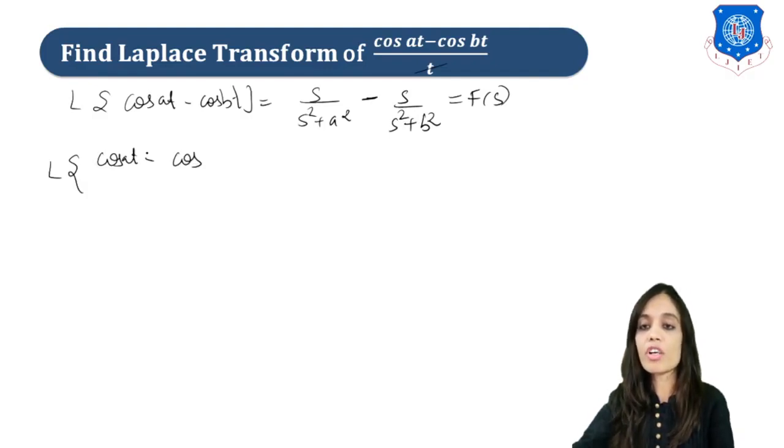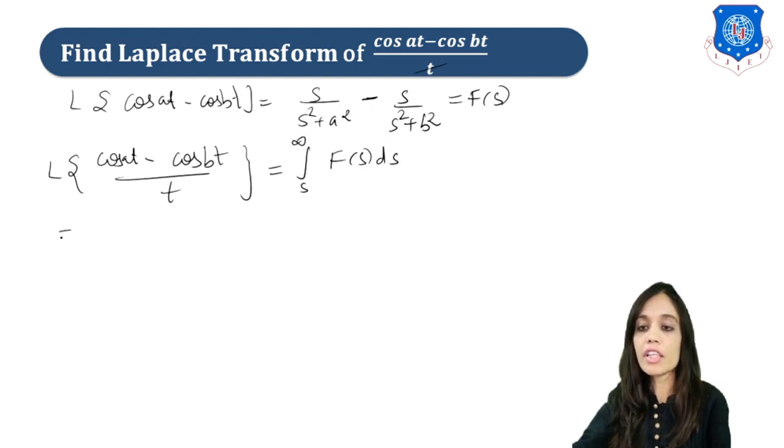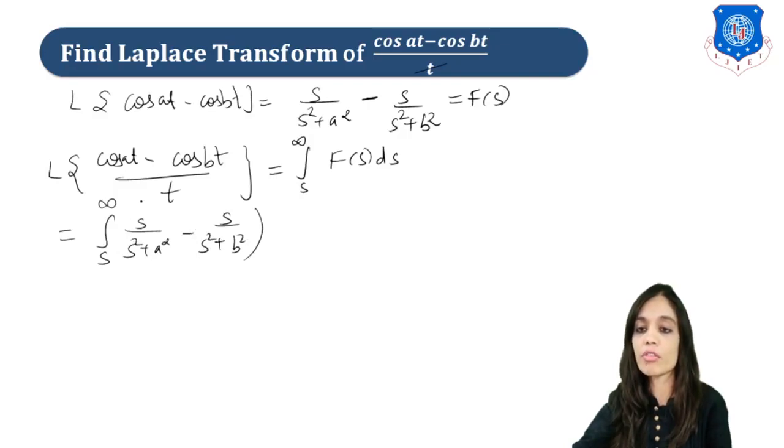So Laplace of cos at minus cos bt upon t will be equals to integration s to infinity f of s ds. Now just by putting f of s, what we will get? Integration s to infinity s upon s square plus a square minus s upon s square plus b square ds, right? Now again we have to set the derivative of this in the numerator.